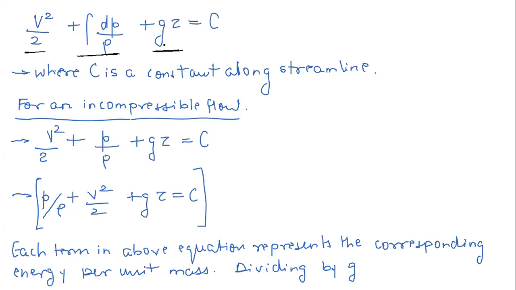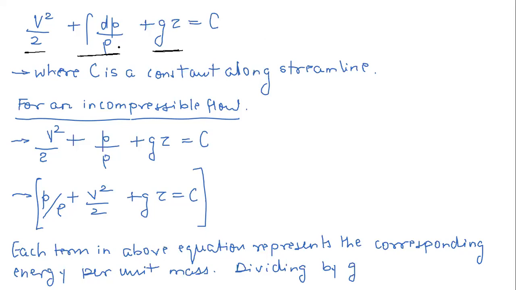We have already ignored our delta v by delta t term, so this equation is valid only for a steady and inviscid flow. Inviscid flow is inherent in the definition of Bernoulli's equation, because we are deriving it considering the Euler equation of motion for an inviscid flow, where the viscosity is 0.